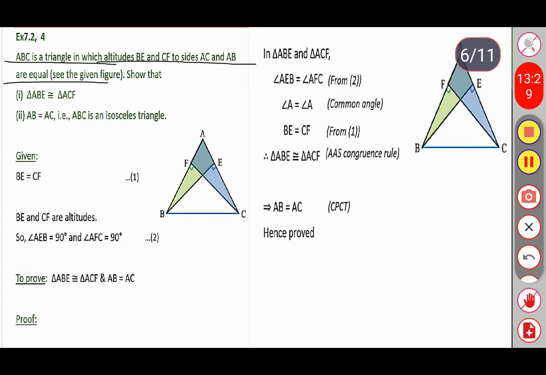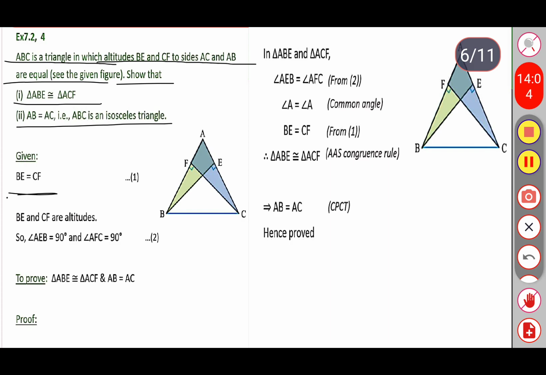It is already given in the figure, the same figure we used in the previous slide. Show that triangle ABE is congruent to triangle ACF, and second, AB is equal to AC in triangle ABC. It means you need to prove that triangle ABC is an isosceles triangle in which the two sides AB and AC are equal.